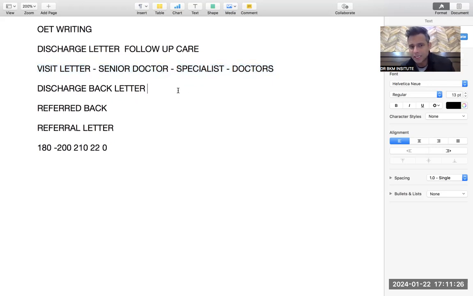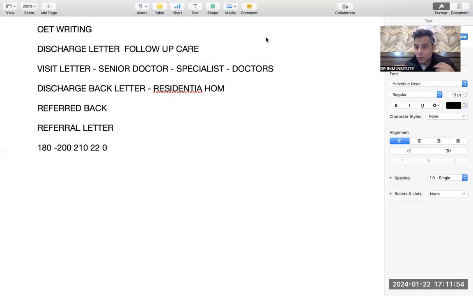Now talking about the discharge back letter. Sir, what is a discharge back letter? Discharge back letter means the patient came from a residential home. Suppose the patient lives in a residential home, and he was sent to the hospital because he had a fracture, he fell down, or maybe he had a heart attack or migraine.